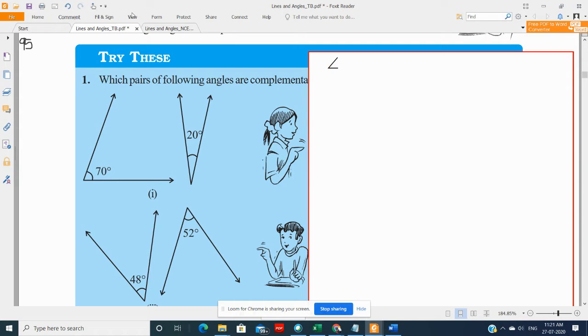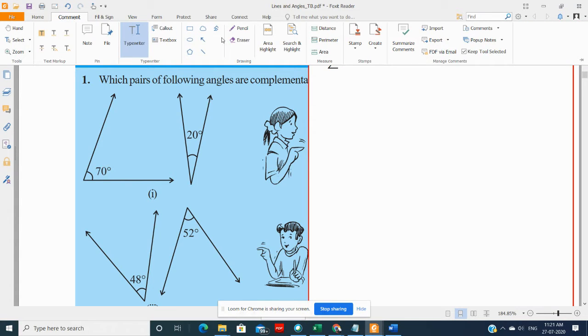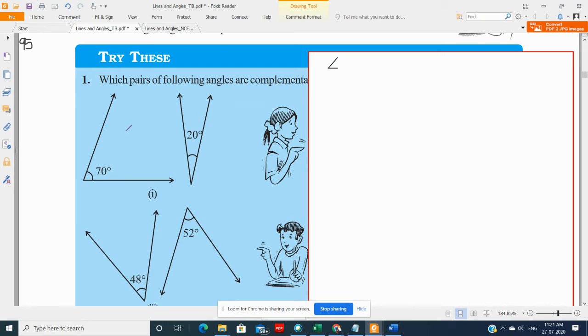given. So let's say this is your angle 1, and this is your angle 2. Now I can easily write down here that angle 1 plus angle 2 should be 90.